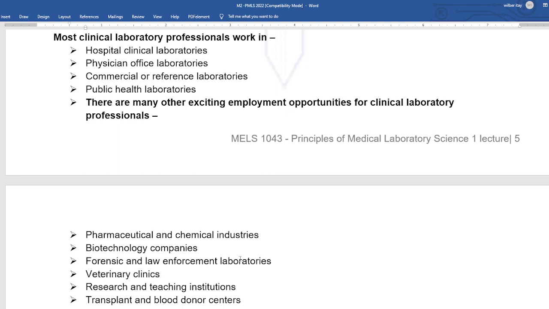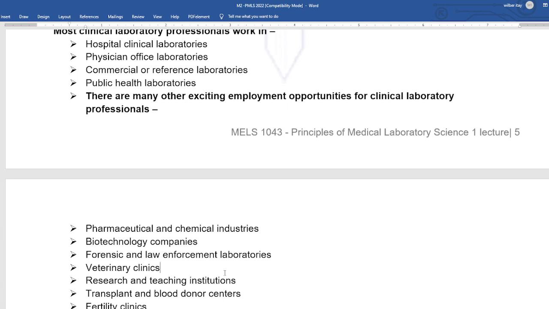Okay, kasi nga we do laboratory analysis that can also help in the forensic and in law. In VetMed as well. So, may mga medtech na nag-work sa VetMed. Research and teaching institution, just like me. Okay, they are instructors. We are in the academe.